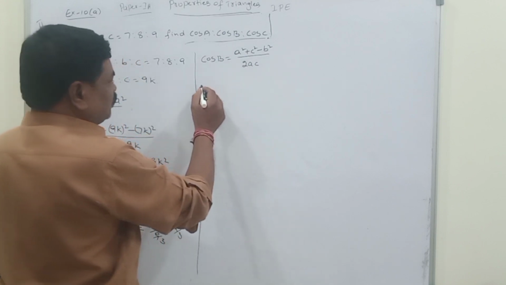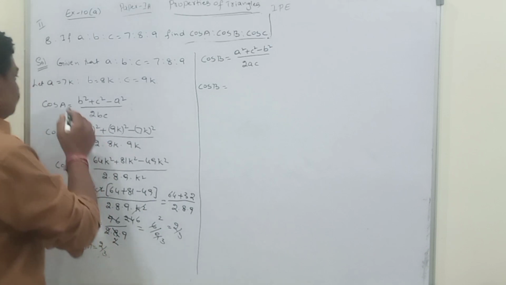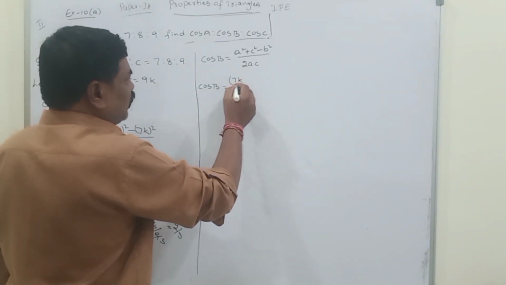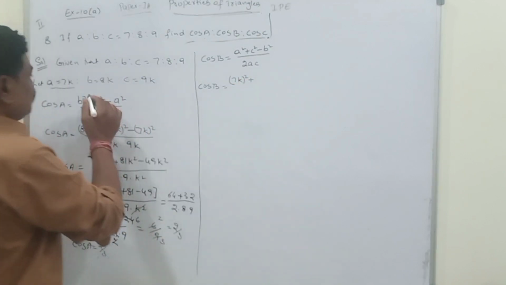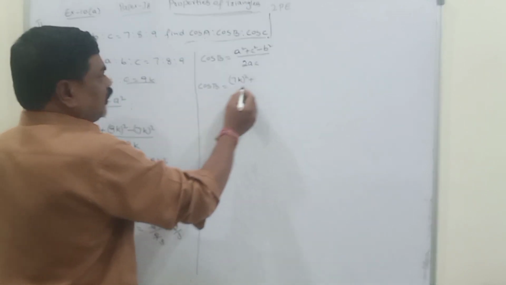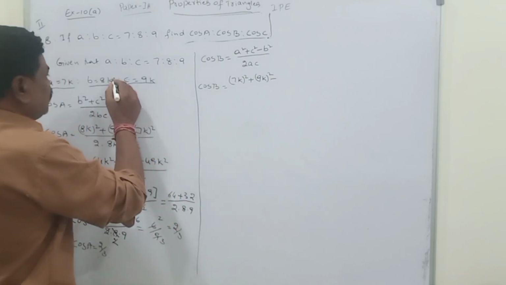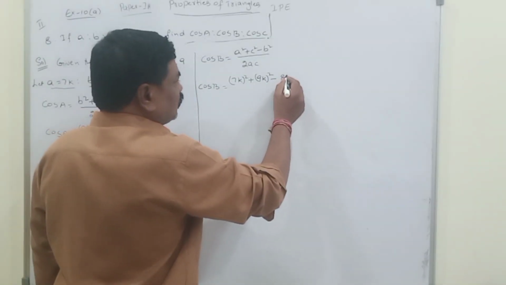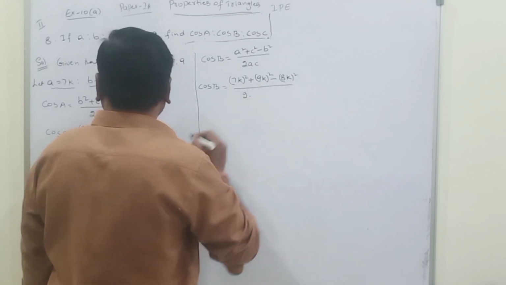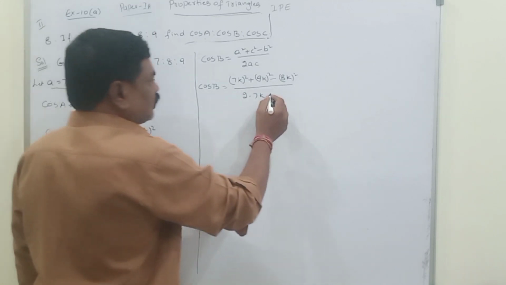Then cos B is equal to (7k) whole square plus (9k) whole square minus (8k) whole square by 2 into 7k into 9k.